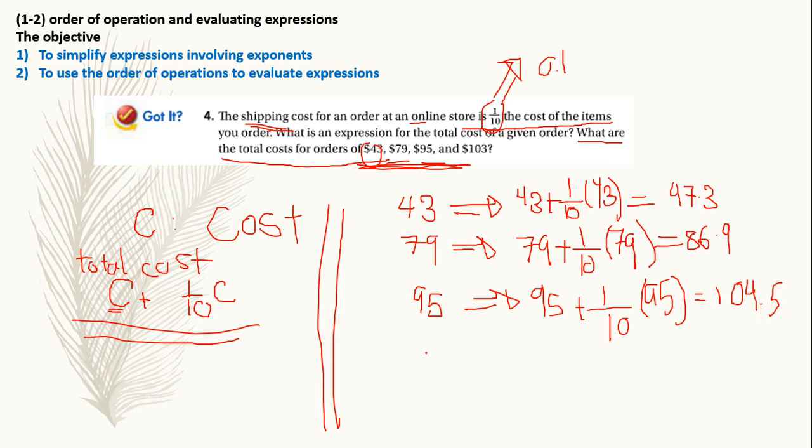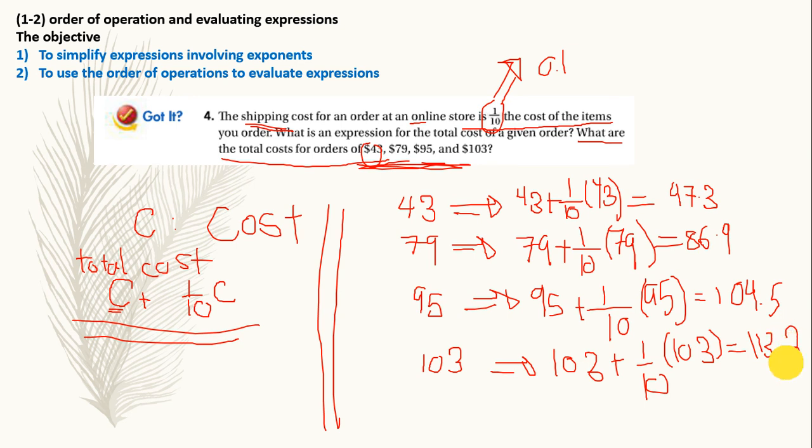Also, finally, once you have 103, that is 103 plus 1/10 of 103, which will give you 113.3 after you do your calculation.